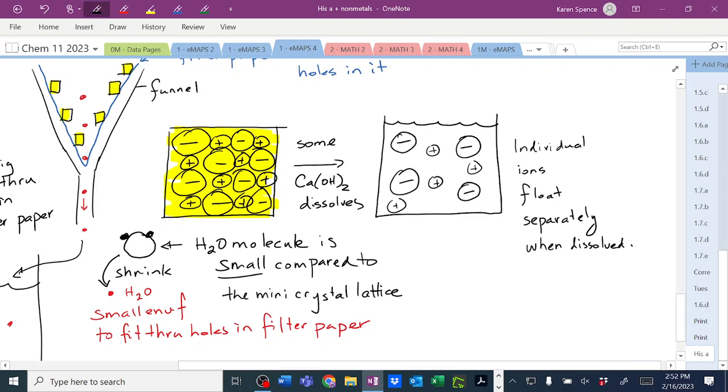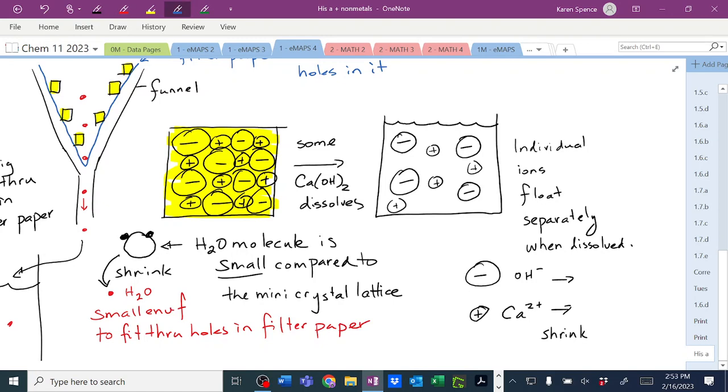So I'm going to take my hydroxide, and I'm going to take my calcium, and I am going to shrink them. And just so they look a little bit different, I'm going to draw them as little tiny circles instead of filled-in dots.